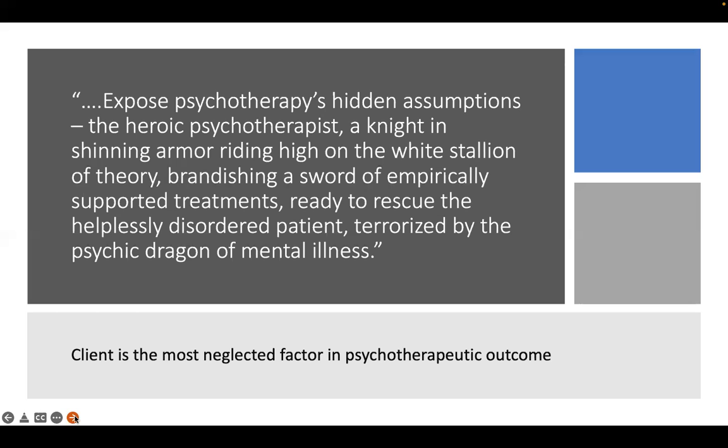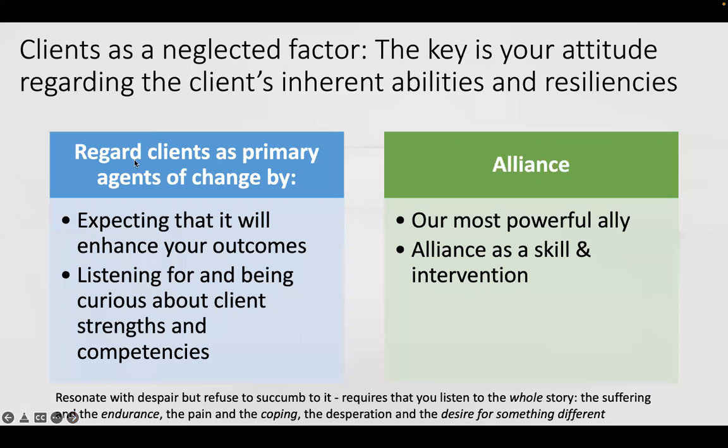If you can't help us, we're going to get a divorce. So sometimes we get a lot of pressure put on us, but just remember that the client is a part of this dynamic as well. And quite frankly, they have nearly no voice in our research. So client as a neglected factor, the key is your attitude regarding the client's inherent abilities and resiliencies.